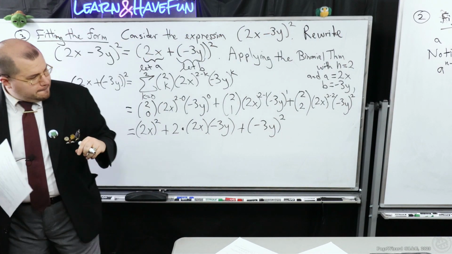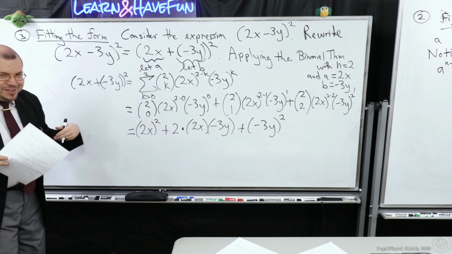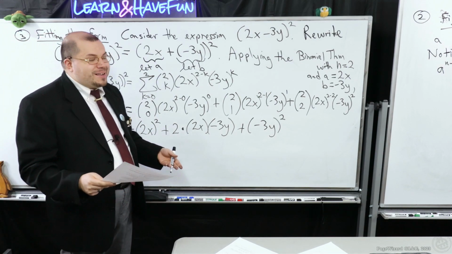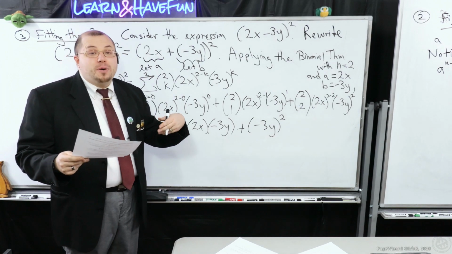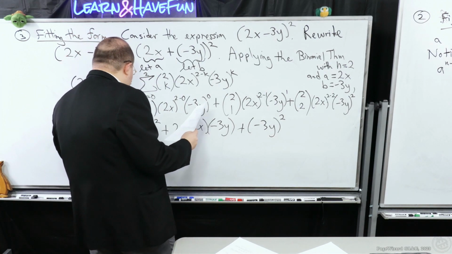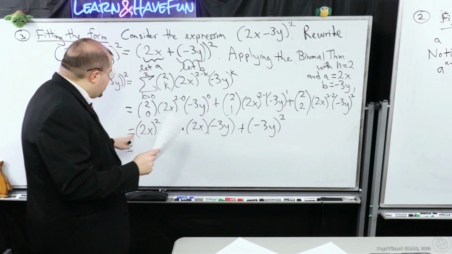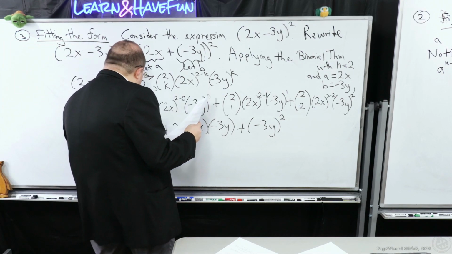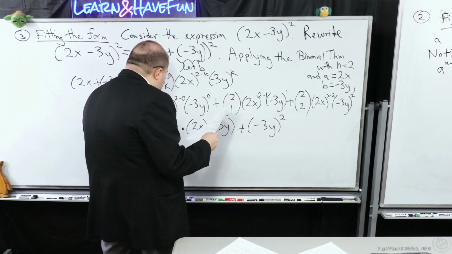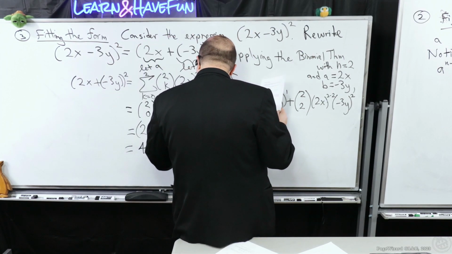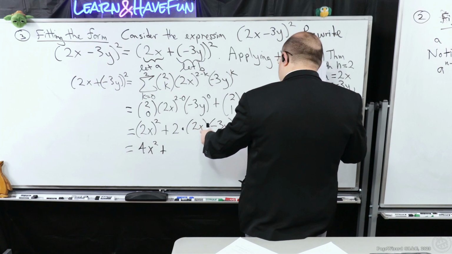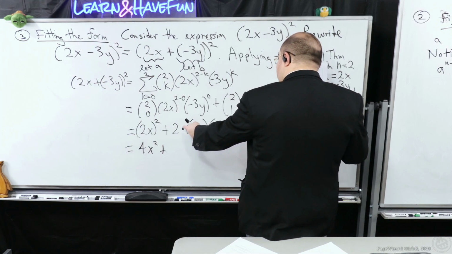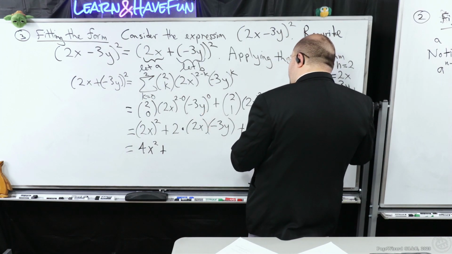Now, got to remember, if we square something that's negative, what happens to it? It becomes positive. Well, I'm going to carry in the square here, so I'm going to square this, square that. So I have 4x squared plus, now we have 2 times 2, that's 4, times minus 3y.